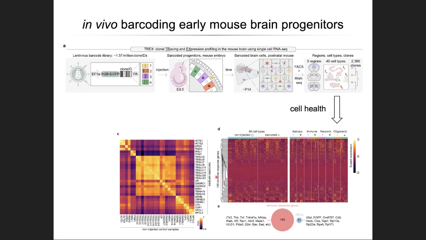We also investigate whether we have certain immune response genes that are associated with an HIV infection, which the lentiviral barcode is based on, or the lentivirus genome. We cannot see an obvious upregulation of such immune response genes. Genes that we see differentially expressed between barcoded and non-injected cells are, for example, EGFP, which of course makes total sense because it's a transgene that we introduce.